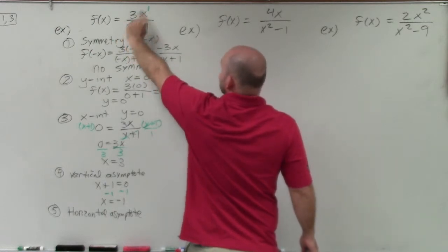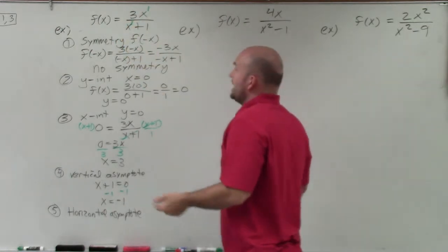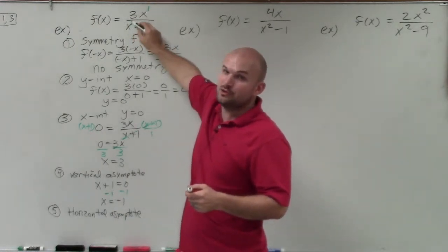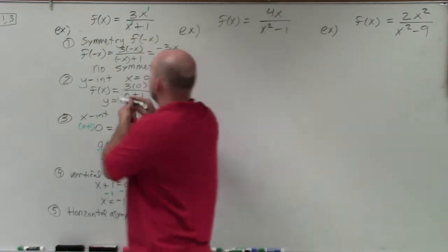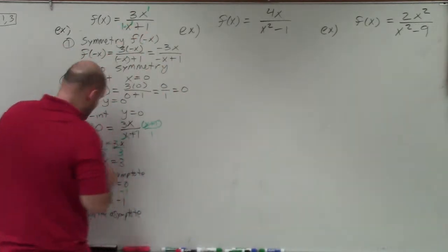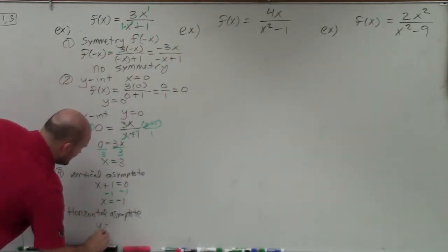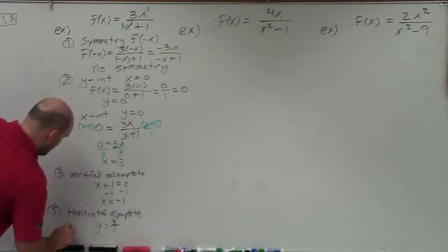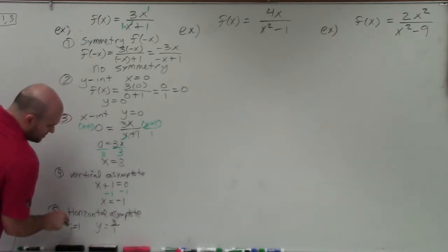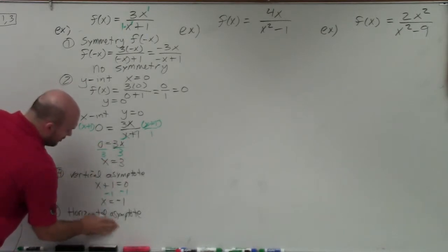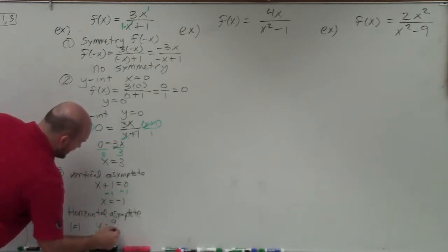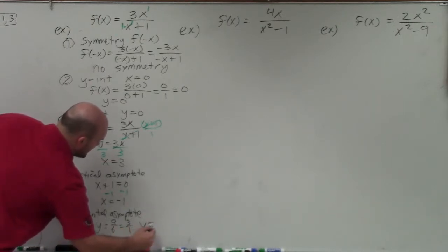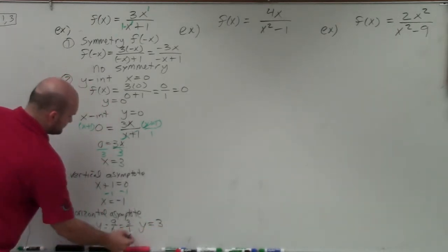So since these degrees are the same, my horizontal asymptote is y equals the coefficient of my numerator divided by the leading coefficient of my denominator, which in this case is a 1 as well. So I'll have y equals 3 over 1. I'm going to take my leading coefficients, a over b, which is 3 over 1. So it's y equals 3.